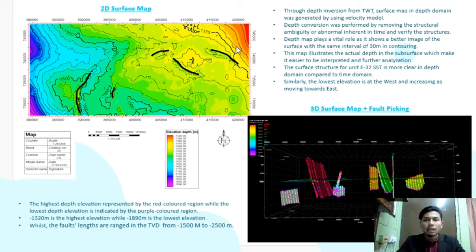We produce the depth domain map because it is more accurate than the two-way time map. With the accuracy of the depth, we can interpret the seismic section more accurately, and a good quality interpretation will be produced after this.